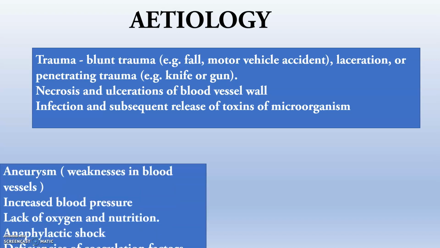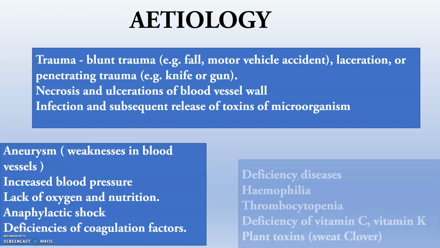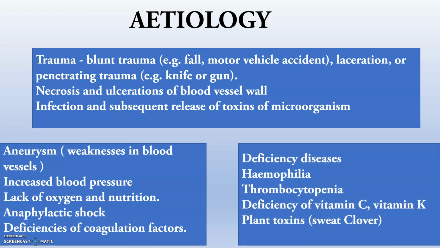Next is aneurysm or increased blood pressure, lack of oxygen and nutrition, anaphylactic shock, deficiency of coagulation factors. Next are deficiency diseases: hemophilia, thrombocytopenia, deficiency of vitamin C and vitamin K. Next is plant toxins, that is wheat flour poisoning.